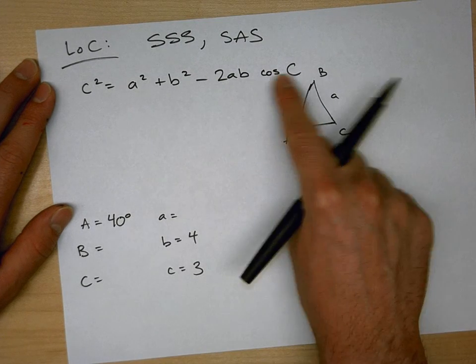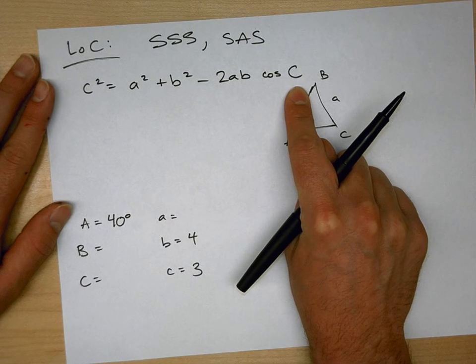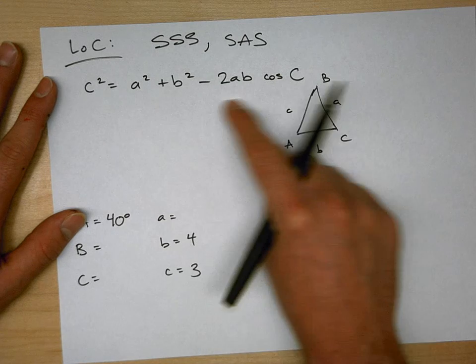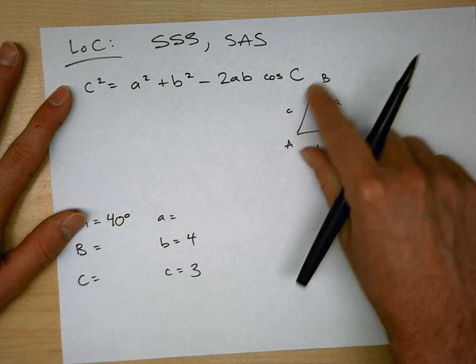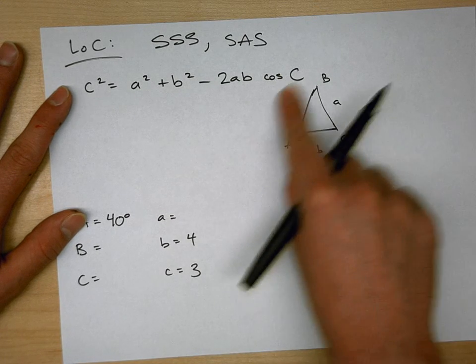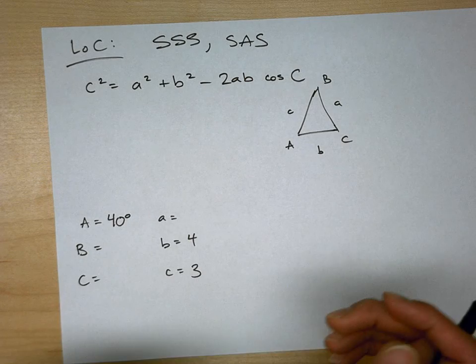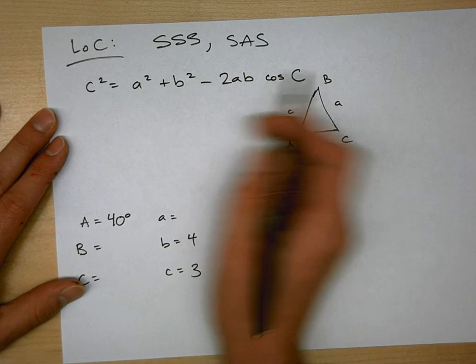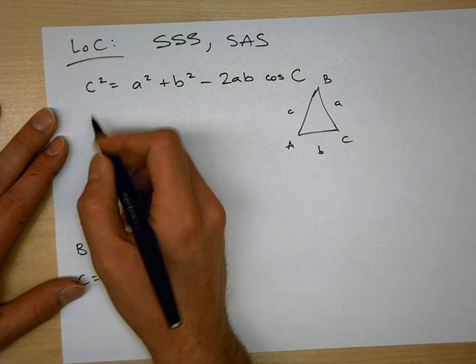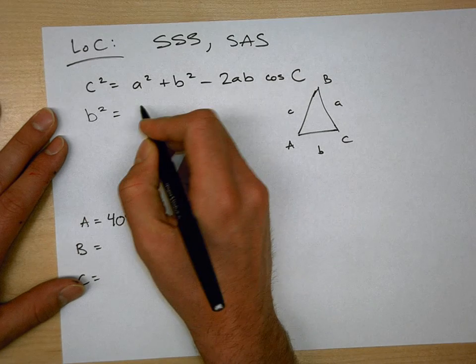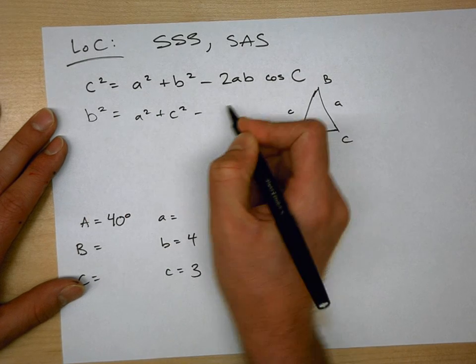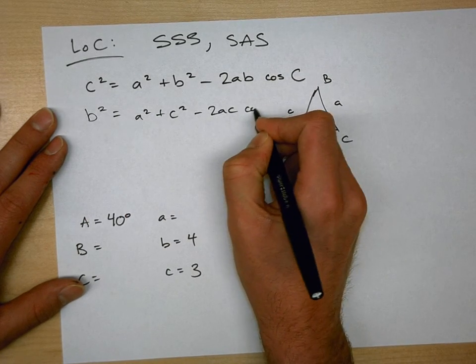So it turns out the law of cosines, each of these sides and angles is kind of interchangeable. You can just rotate this triangle around. So this guy actually has three forms. We could also write it as b squared equals a squared plus c squared minus 2ac cosine b.